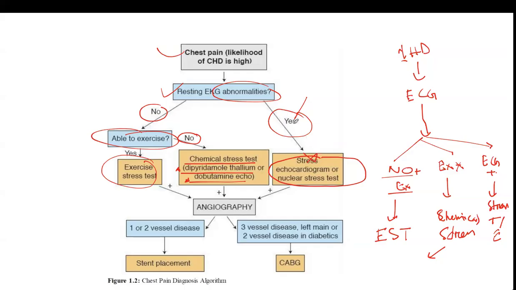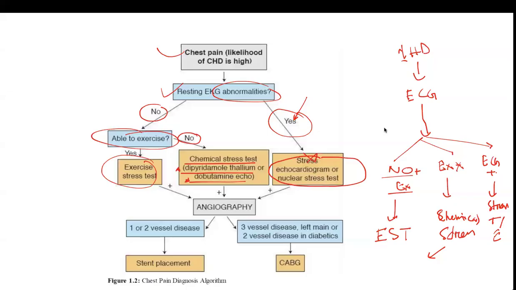Okay, Alex, if the baseline ECG is there, and the patient has a problem, so why, in a normal ECG, do we need to do a stress test or nuclear test? Because you are worried, you are suspicious of cardiac pain.